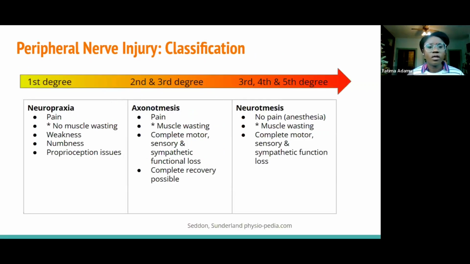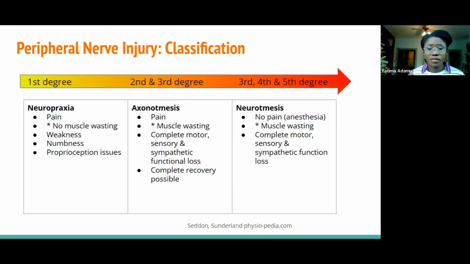Classifying peripheral nerve injuries. I'm not sure how useful this information would be. I did think it would be helpful to just show the continuum of nerve injury complexity, again, just to give you a framework with which to classify the injuries that you might be seeing. So with neuropraxia, you would have pain, no muscle wasting, which I know I mentioned, right? So, there's different levels.